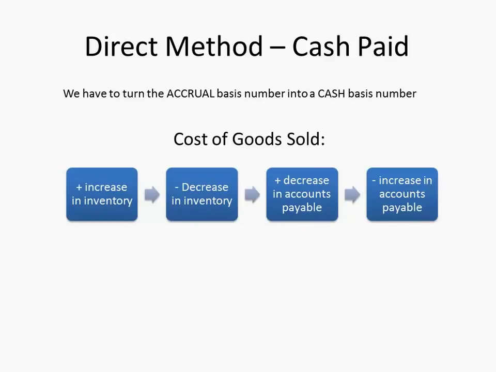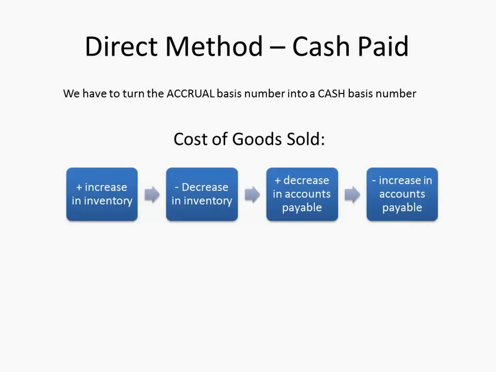If, net, even with some of that inventory going into cost of goods sold, inventory still went up, that means you must have bought even more inventory than you sold. That makes sense? So that has to be added to the amount paid for the period.